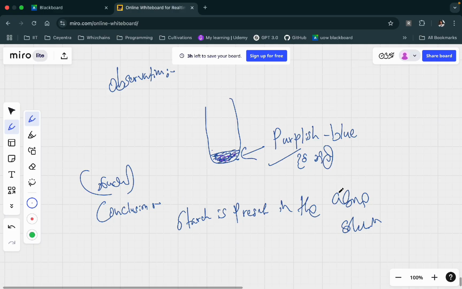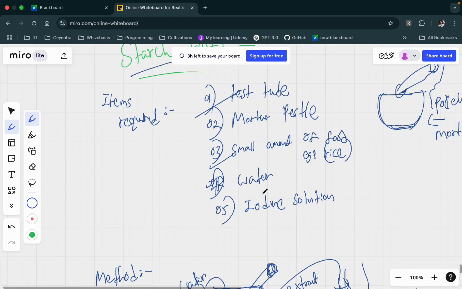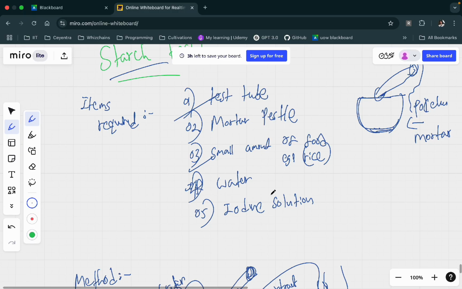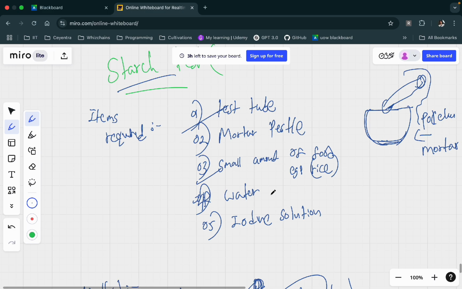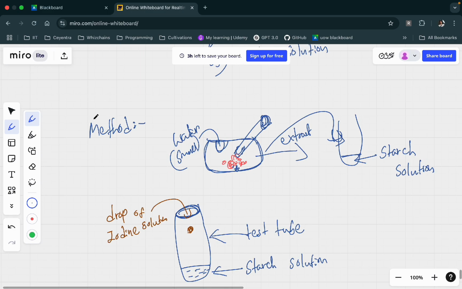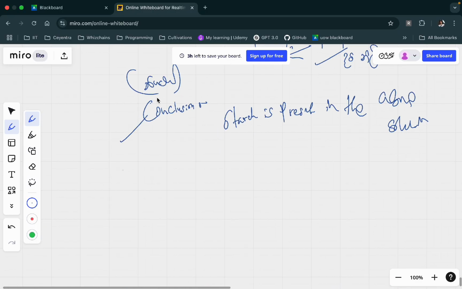So this is how you can structure an experiment. This is the structure of an experiment that you have to follow. Usually you get experiments in this manner in your essay or structured essay. You can refer to past papers and see it. First is items required, then method, then observation, then conclusion.